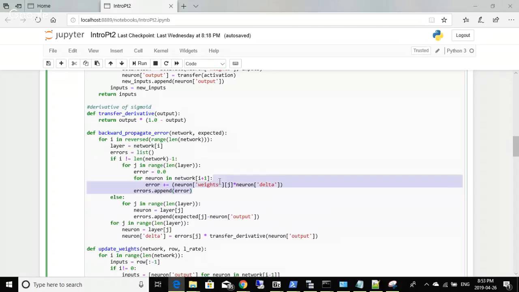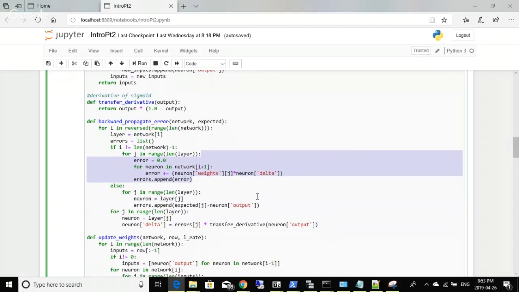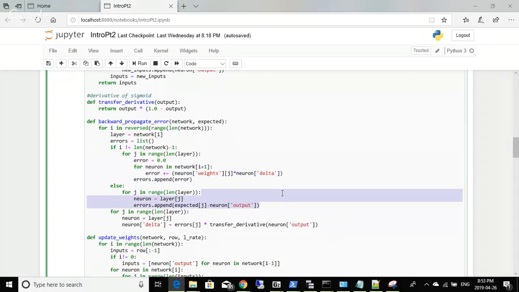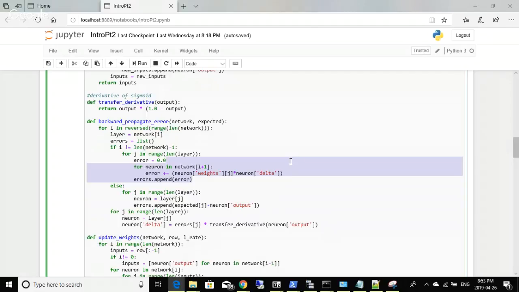And that is the rate of change. Actually, no. This is where you get the delta, because that's the derivative function of the sigmoid, which is your activation. That's where you set up the delta here.